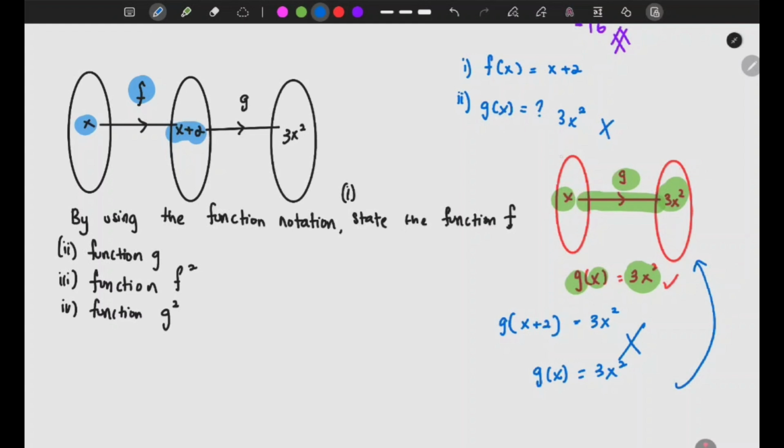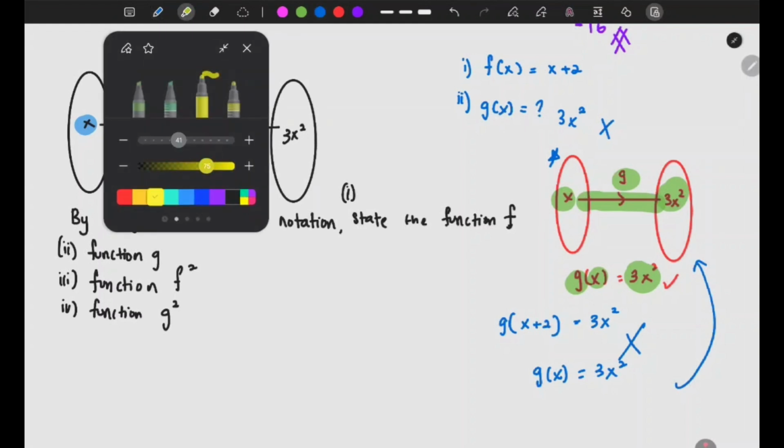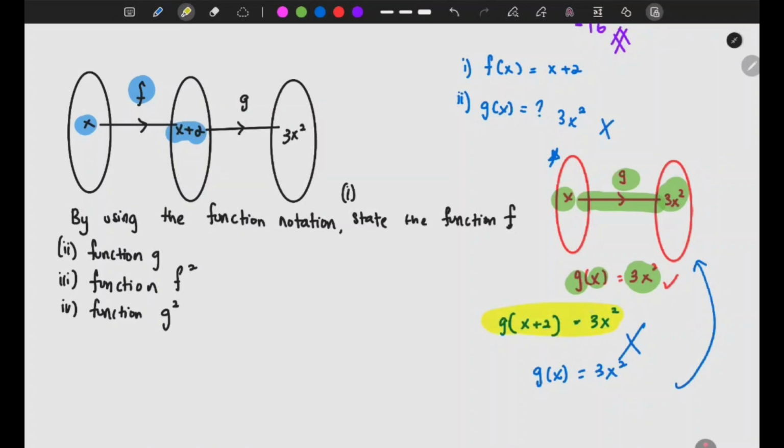The one that they give us is something like this. Can you see? Your object is x plus 2 and you cross the bridge of g, you get 3x squared. So it's not the x, but it's x plus 2. So it's different. So that is not g of x. So you need to find out your g of x. How are you going to find out your g of x? Hope you're clear with this confusion.